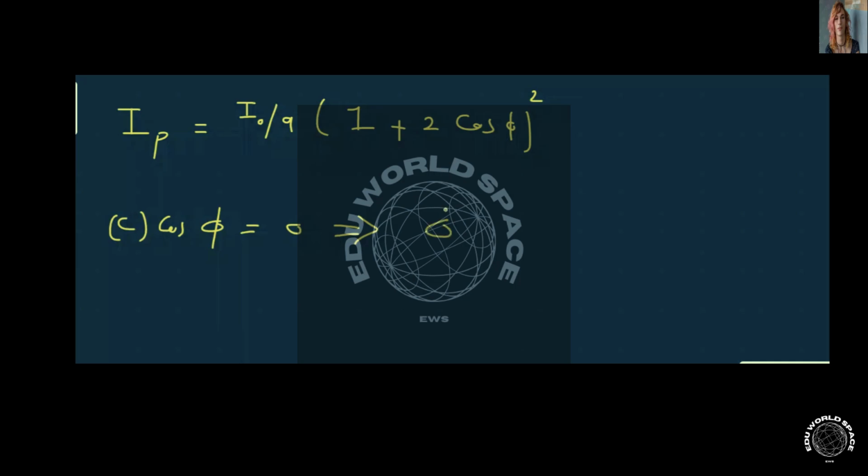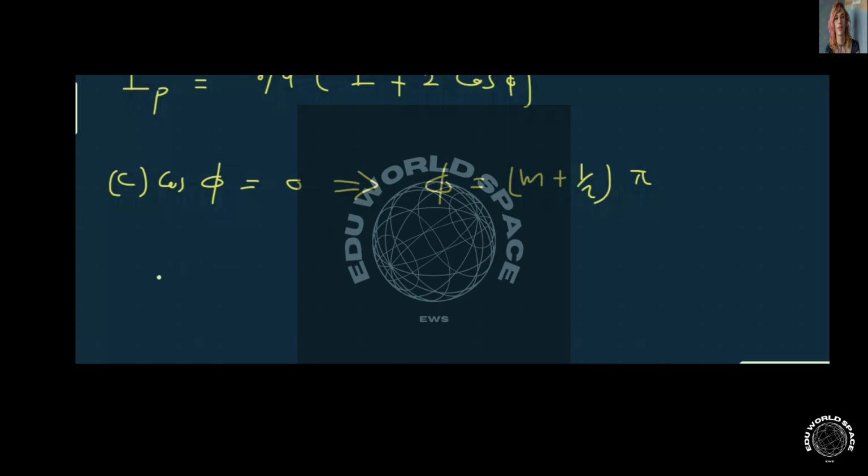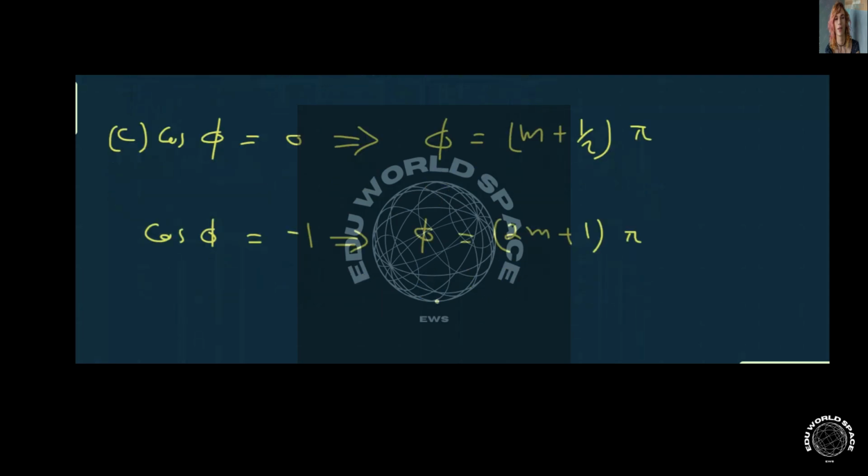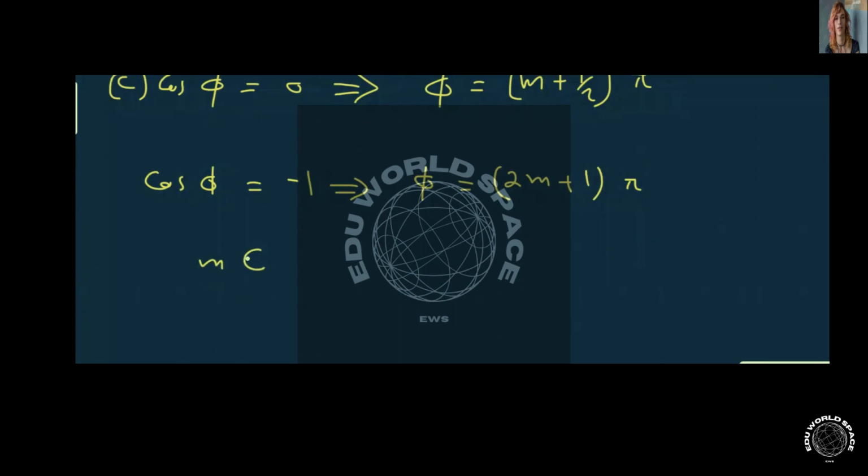So here phi must be equal to (m plus half) times pi, or cosine of phi is equal to -1, and here phi would be equal to (2m plus 1) times pi, where m is just an integer. This is for part C.